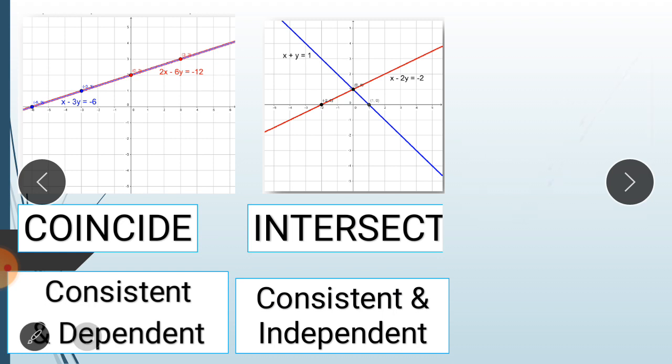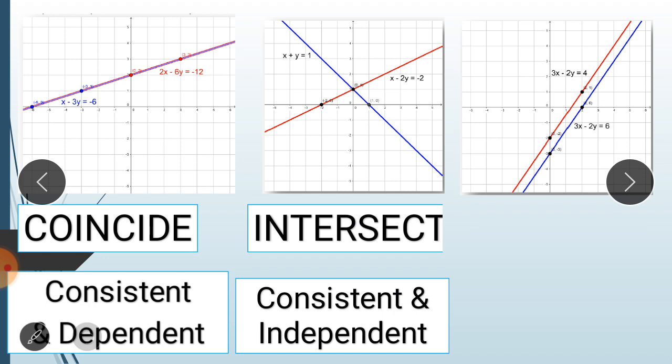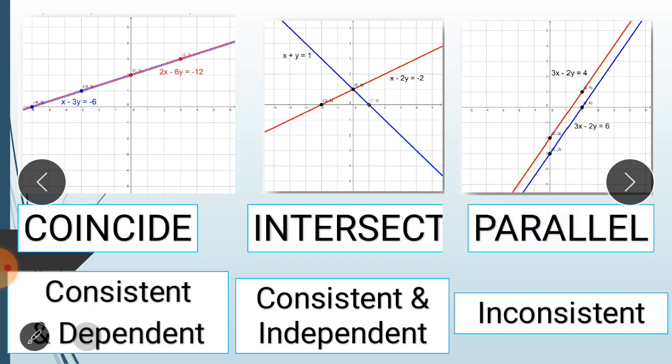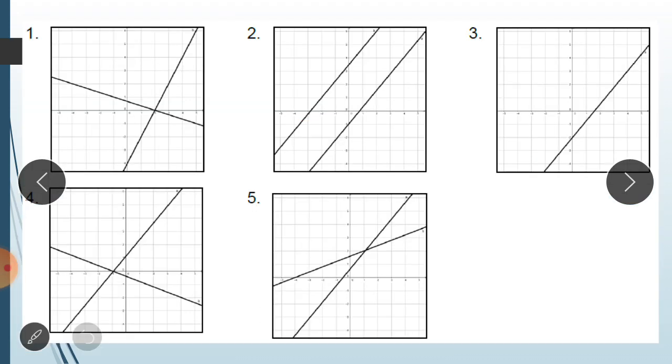Next we have these parallel lines. If they are parallel, it means they are an inconsistent system. It depends on the given. If the given are graphs, you can easily identify whether they are consistent dependent, consistent independent, or inconsistent. I have this problem here, number 1 to 5.